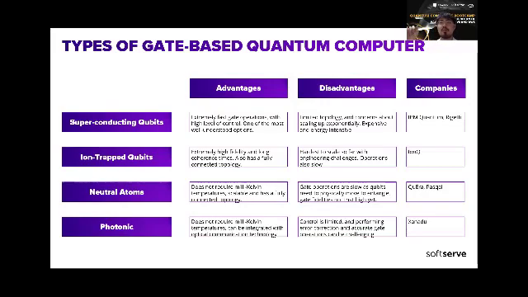All that 1% noise error fidelity noise that you see down there is caused because it's not cold enough. And this cooling is extremely energy intensive.